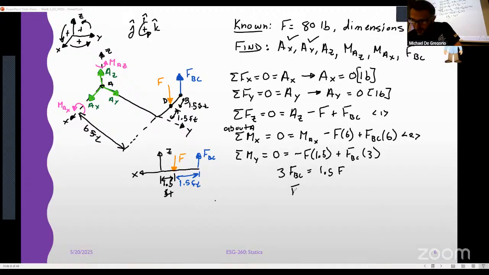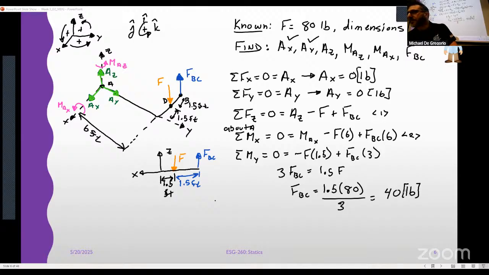And so FBC should be 1.5 times 80, which is the value for F that we were given, divided by 3, which comes out to 40 pounds. And it's positive, so we know it's in tension like we drew it.